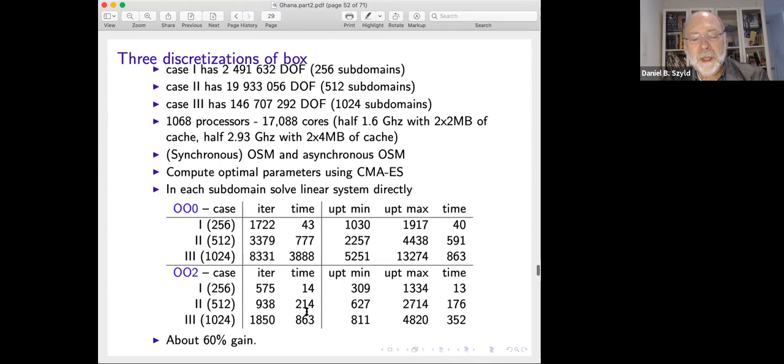If you take the best possible synchronous, we have about 60% gain. And as you see, nothing changed. All we did is say, okay, don't wait.